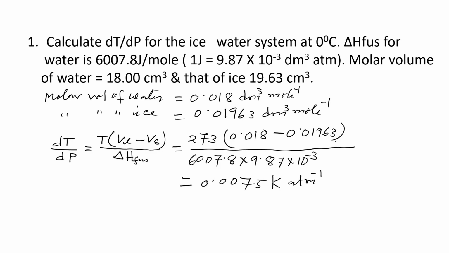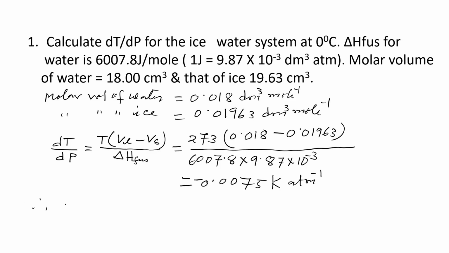So mole inverse and dm³ get cancelled. Here atmosphere was at the denominator, and temperature at the numerator, so Kelvin atmosphere inverse. And it should be negative because 0.018 minus this thing is negative. So I should put the negative sign.